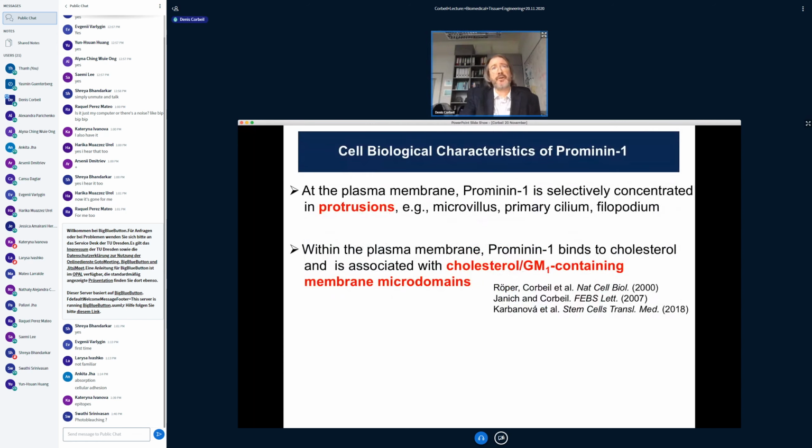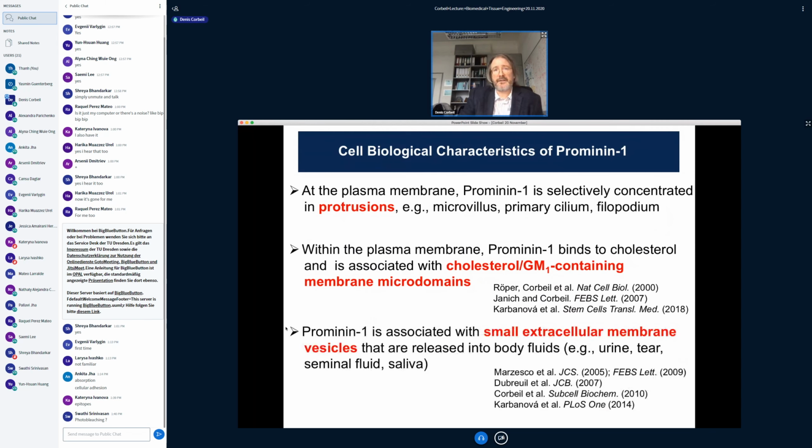So I showed you that this molecule is found in the plasma membrane of cells and in protrusions. It's found in membrane microdomains. And something else, which I mentioned two weeks ago: this molecule can also be found in small extracellular membrane vesicles, which are released outside the cell.